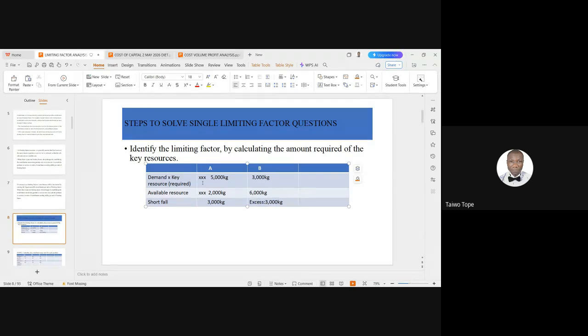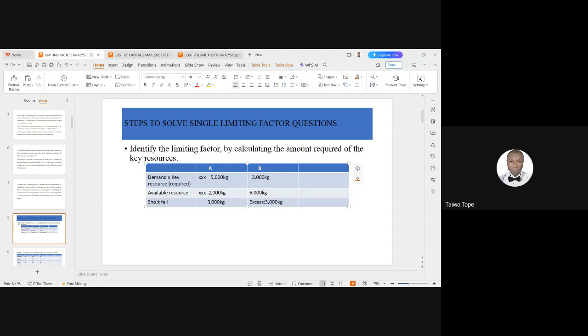Now, for A, you need 5,000 kg of material, but you have 2,000 kg. Is there limitation here? Yes, there is limitation.